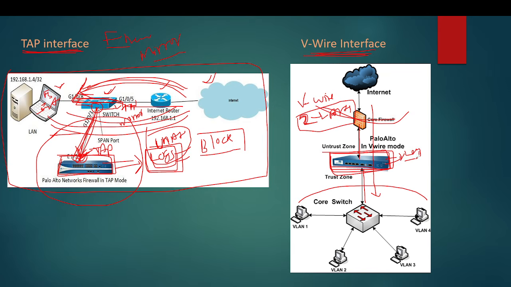If the auditors want to block something, they can create rules to block it. So the tap interface is mainly used to recognize unauthorized access, and the virtual wire is used to block that unauthorized access using a firewall.